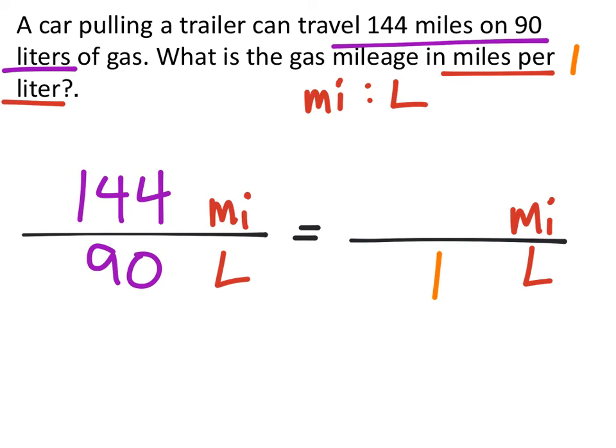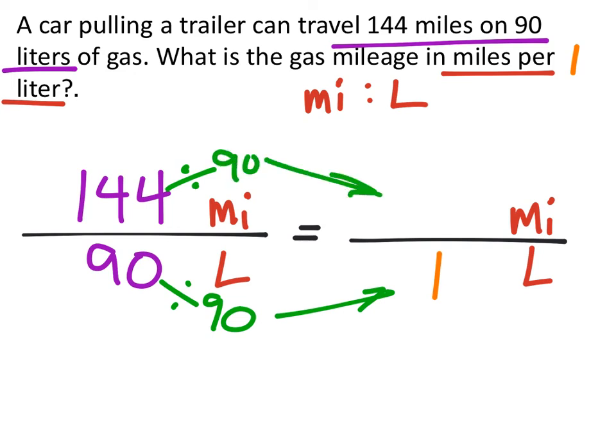Well, here's what's really happening, you guys, is we're scaling this down, specifically the 90 liters into 1 liter. So really what we're doing is dividing this by 90 to get this 1 over here. So we'll do the same thing to 144, divide that by 90 to get its new mileage. So I type this into the calculator, 144 divided by 90. Oh, that's a pretty nice decimal actually, 1.6.